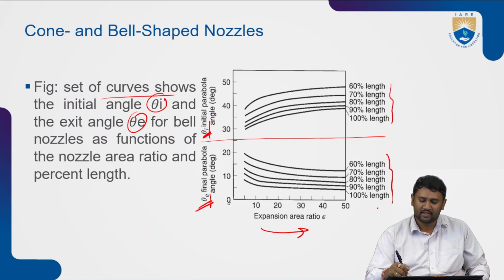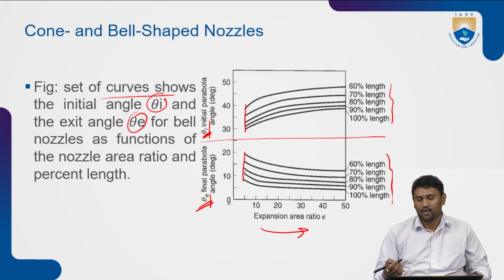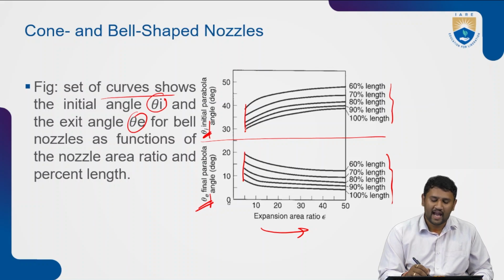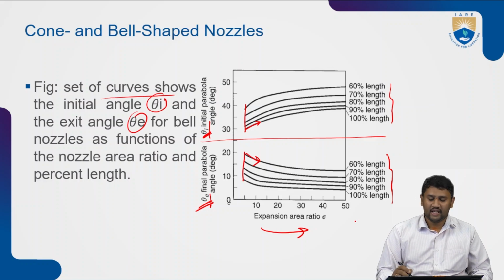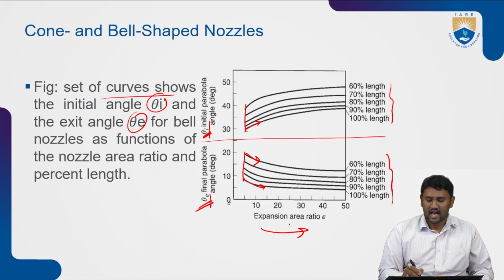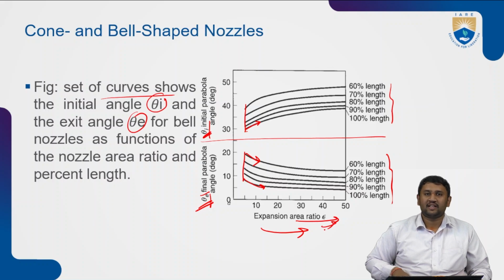For different amounts of length, the initial angle to the final angle varies. The initial angle increases as the expansion ratio increases. Similarly, the final angle decreases as the expansion ratio increases.